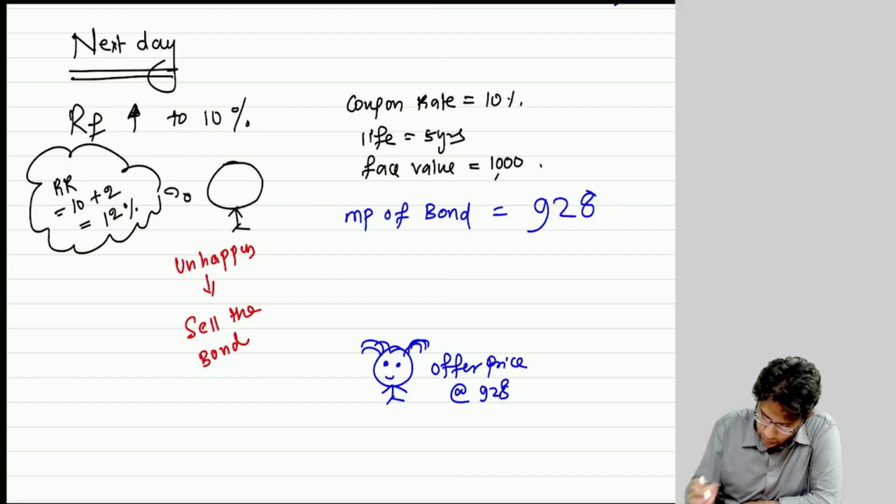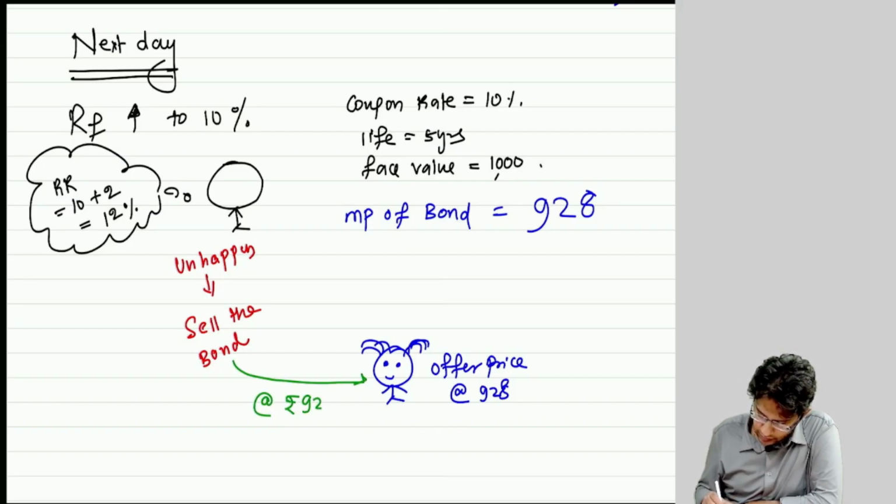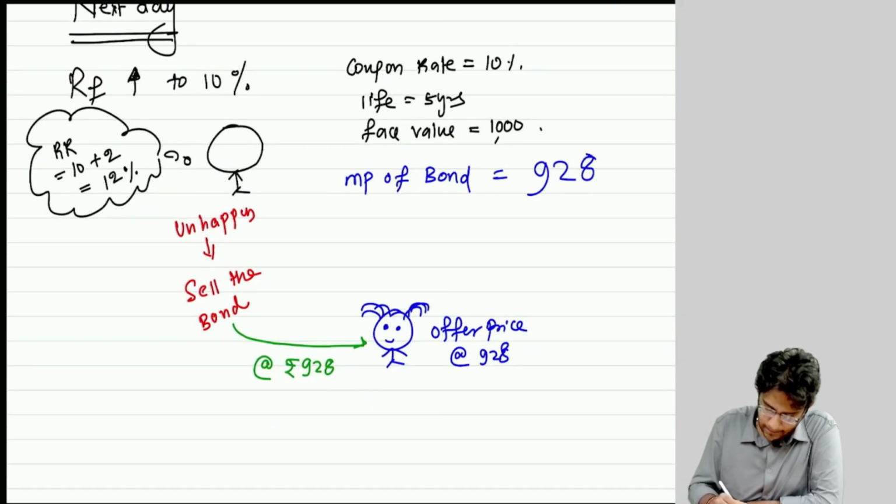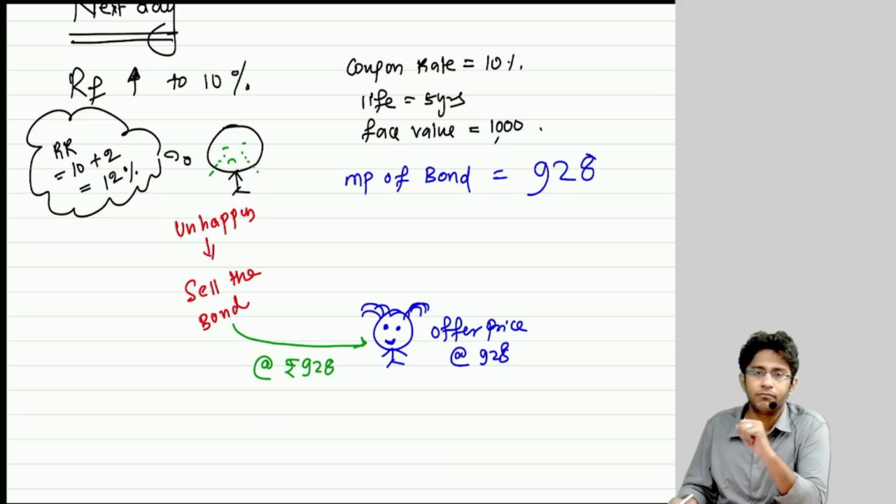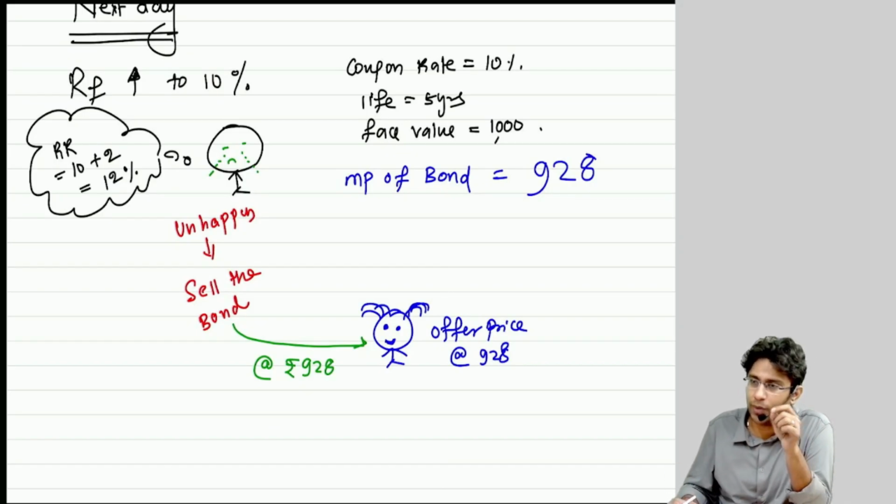So this fellow managed to sell the bond to her at rupees 928. He is unhappy, but she is always happy. Why? Because she managed to buy the bond at 928. By purchasing the bond at 928, she will definitely get her return of 12%. Sir, will she be happy forever? That we can't say.